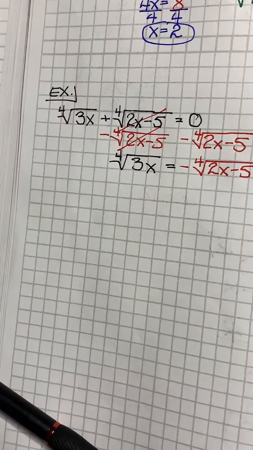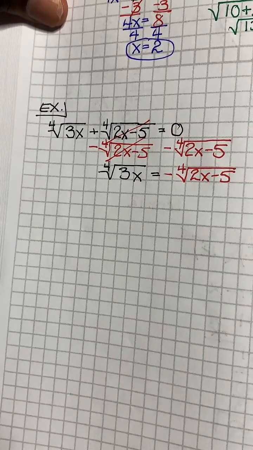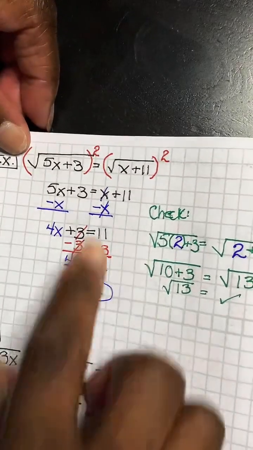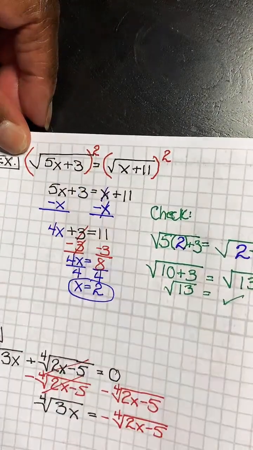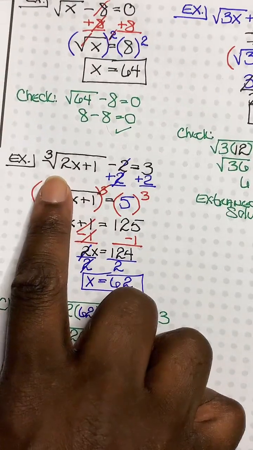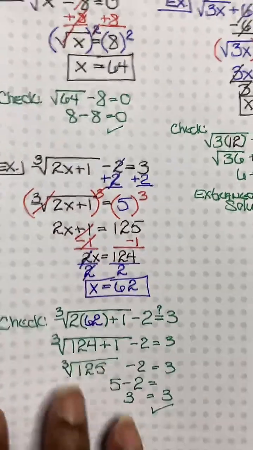So, remember when we tried to cancel out radicals? We said if it was a square root, like these, in order to cancel out the square roots, we had to square it. Here we go with the cubes. How do we get rid of the cube root? We cubed it.